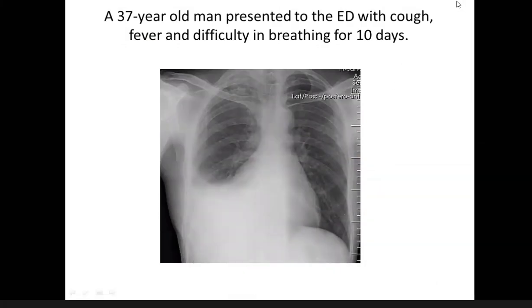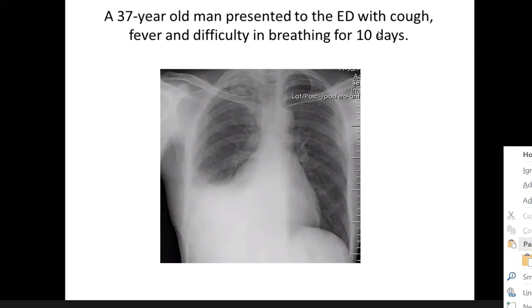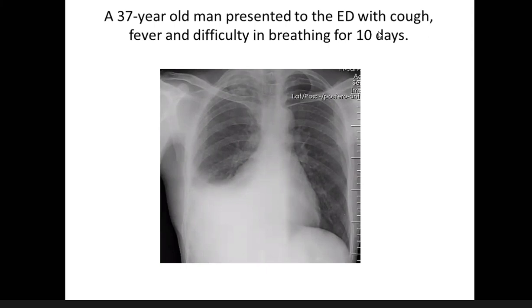Homogeneous opacification in the right lower lobe and right lower zone, and upper zone also. There is some opacification in the right upper zone. Okay, shall we ignore that for the time being?